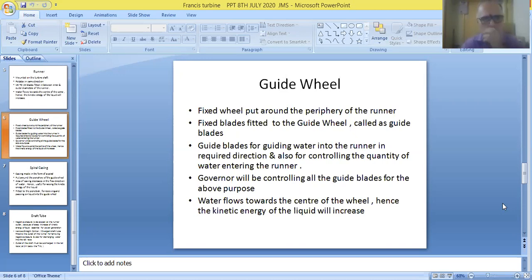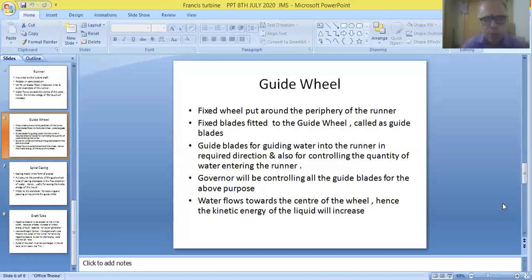When the load on the turbine decreases, the governor will be closing the blades of the guide wheel. And when the load on the turbine increases, it will be opening the blades of the guide wheel. As told earlier, these guide blades are meant for guiding water onto the runner in the correct, required direction.